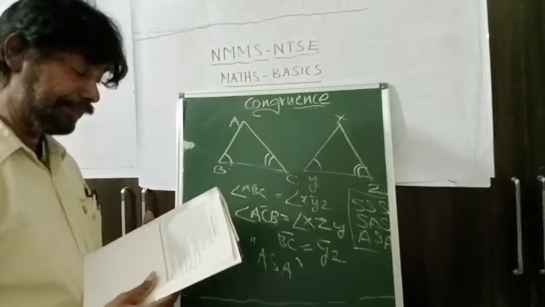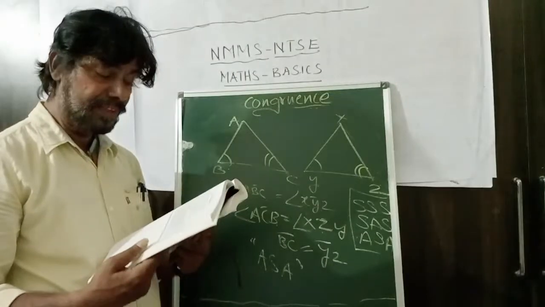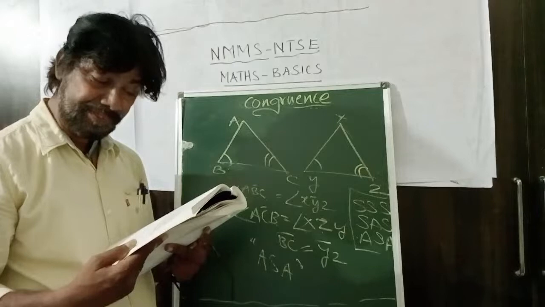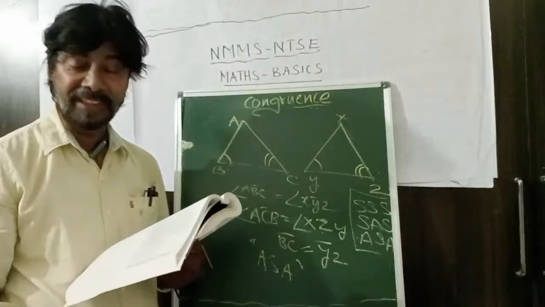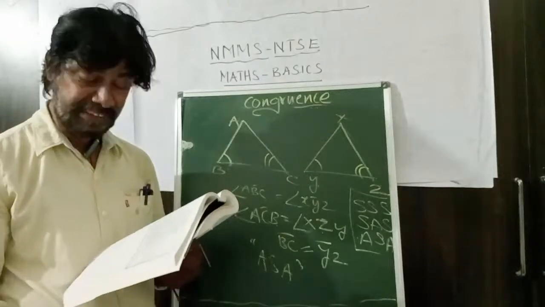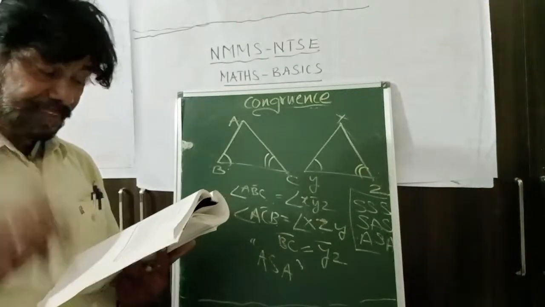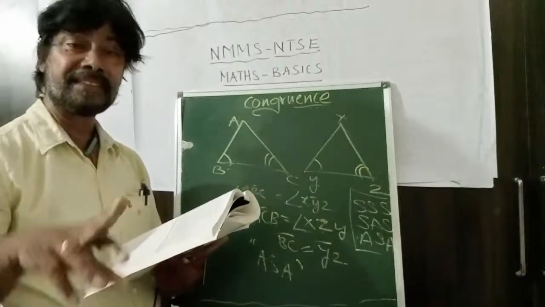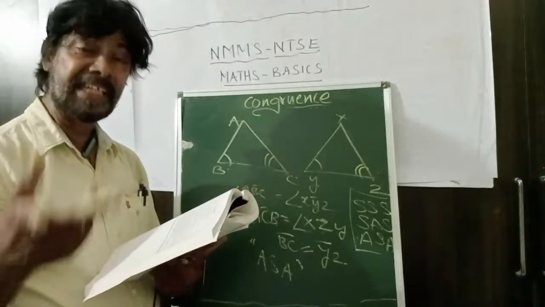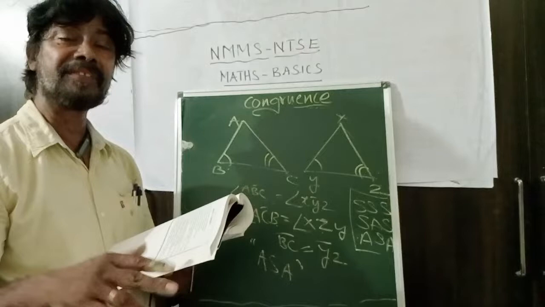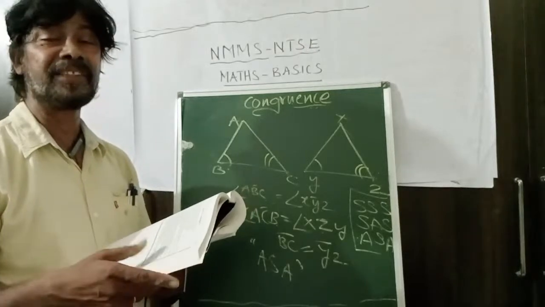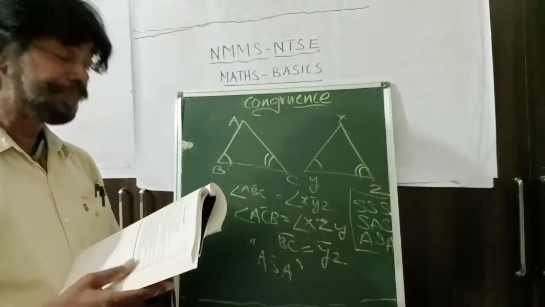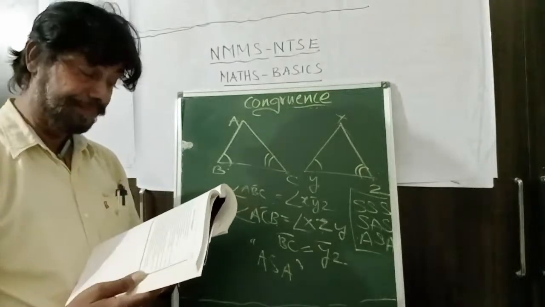SAS congruence condition: two triangles are congruent if two sides and the included angle of one are respectively equal to the two sides and the included angle of the other triangle, then we say those two triangles are congruent to each other according to SAS condition.